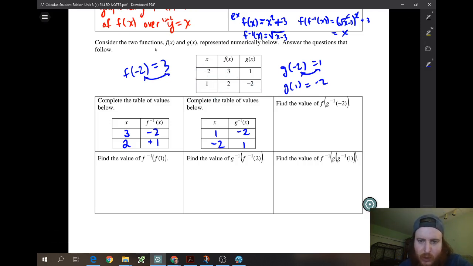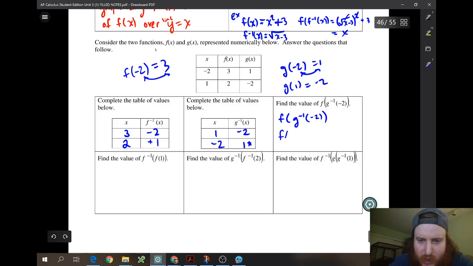Now let's do a little bit of a harder thing. Let's plug in: what's f of g inverse of negative 2? Well, the inverse of negative 2 is right here. So this is saying f of positive 1. That's the inverse of negative 2. And f of 1 is up here in our graph, f of 1 is 2.